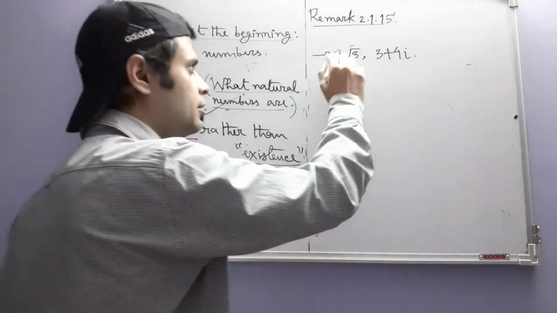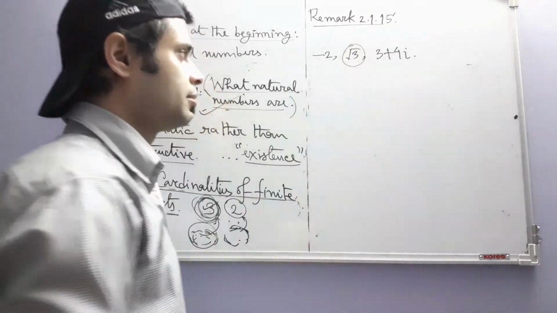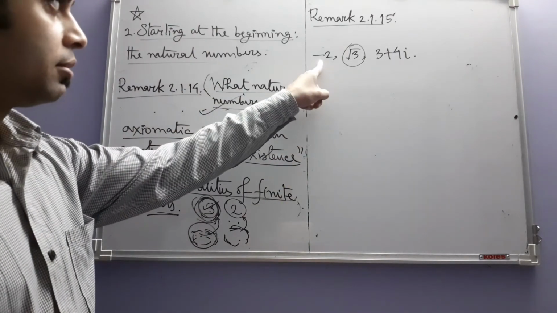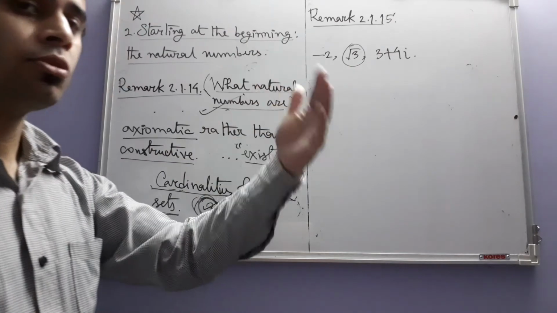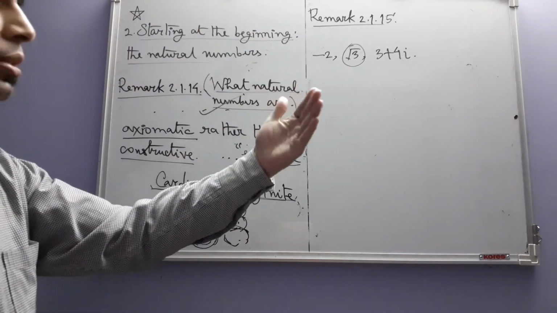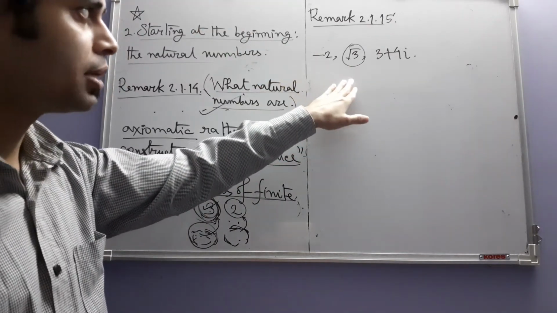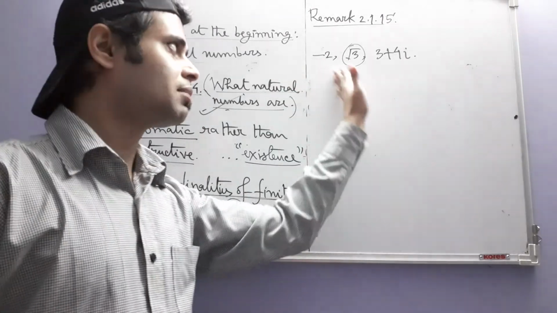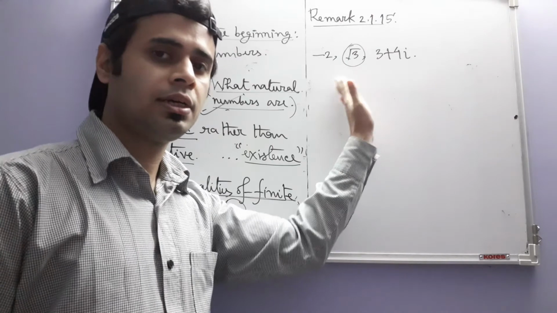Of course, you can try to think of this as the length of some line segments, say. But as you go to higher and higher number systems, it becomes quite difficult to think of them as coming from something physical, some physical concept.